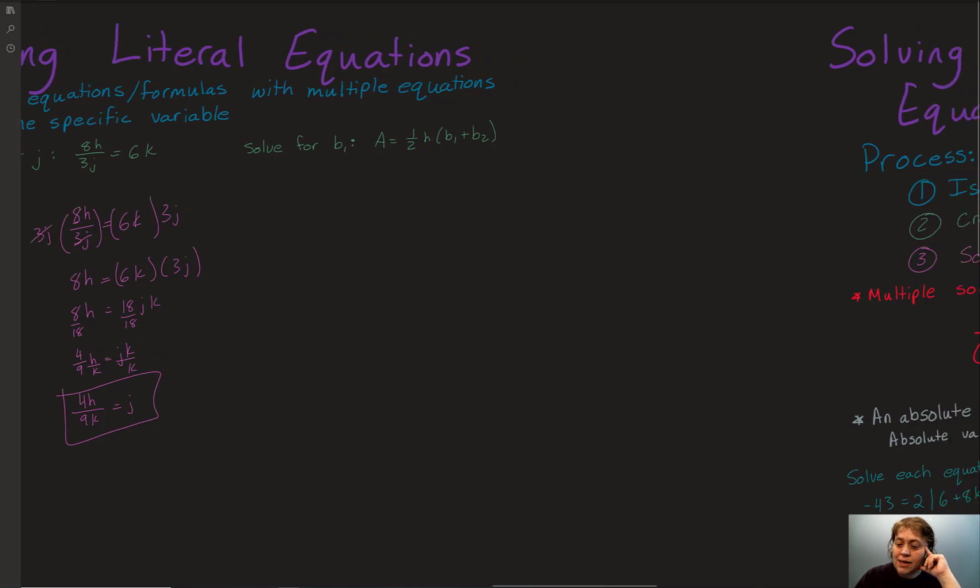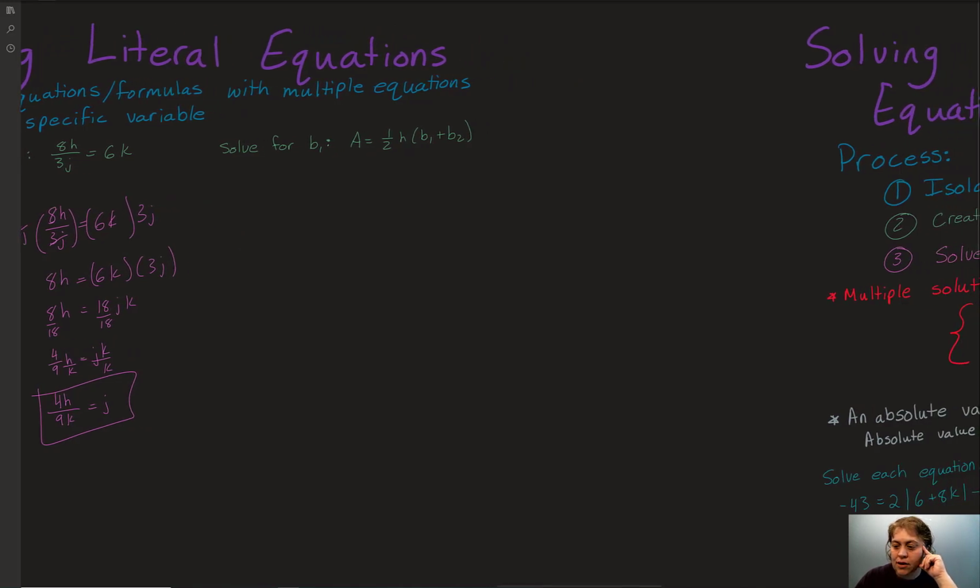Next one, I want to get b1 by itself. Again, I see a fraction. So first thing I'm going to do, a equals 1/2 h times b1 plus b2, is multiply this side by 2 and this side by 2 so that the 2's cancel. Because why deal with fractions if you don't have to?